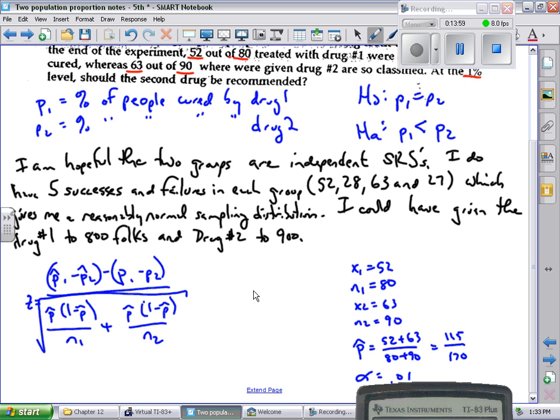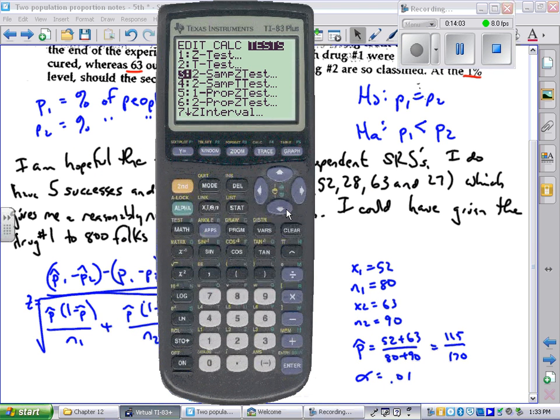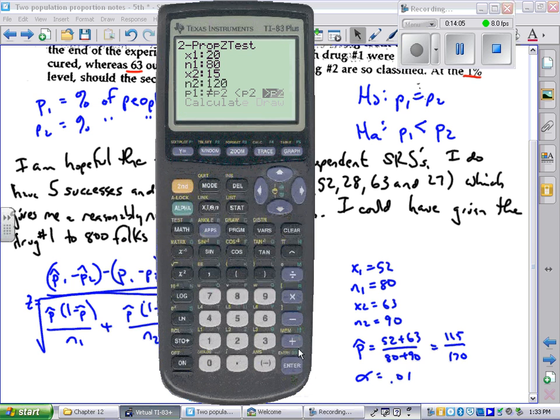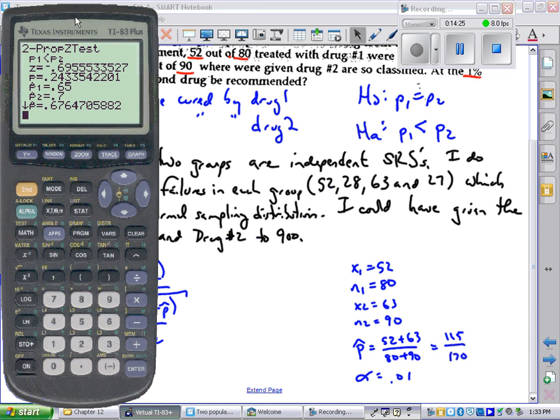And then in either case, you're going to actually grab your calculator and go to prop Z test, 52, 80, 63, 90, one-sided less than, calculate. My Z test statistic is negative 0.6956.